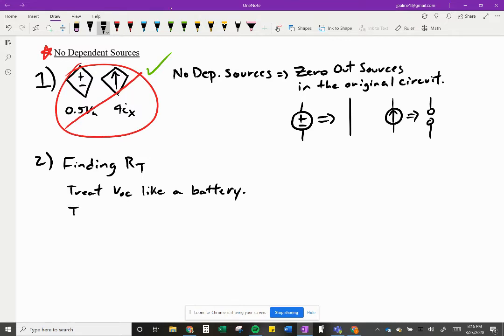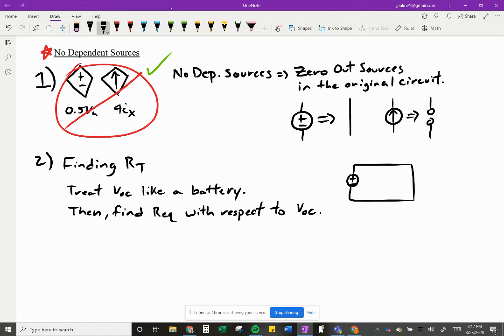And then we're going to find our equivalent resistance with respect to VOC. So typically we have a setup where we've got a resistor here, resistor here, resistor here, and there's one right there.